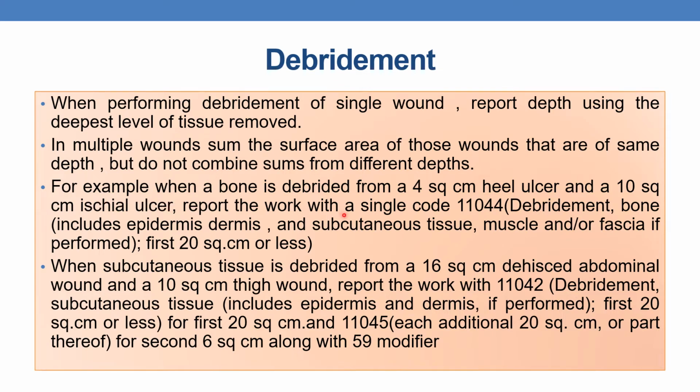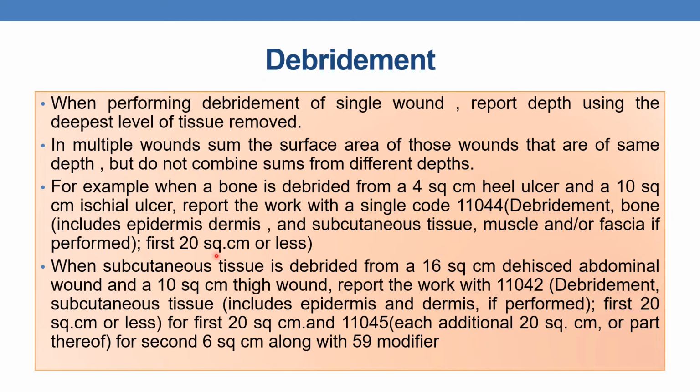For example, when a bone is debrided from a 4 square centimeter heel ulcer and a 10 square centimeter ischial ulcer, report the work as a single code 11044, which is debridement bone, includes epidermis, dermis and subcutaneous tissue, muscle and or fascia if performed, first 20 square centimeters or less.